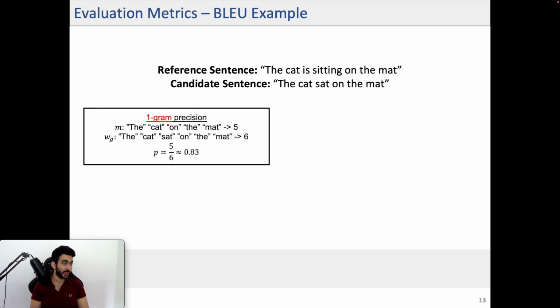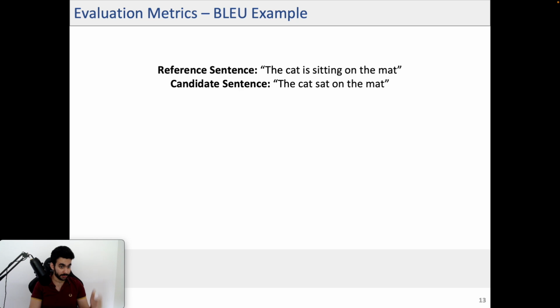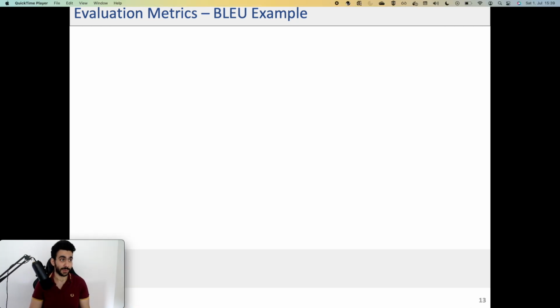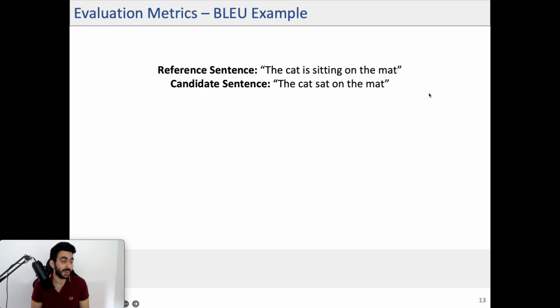Here is an example of how we use BLEU. The reference sentence would be the cat is sitting on the mat, which is provided by the human, hypothetically, the reference summary, or what we ideally want to reach.